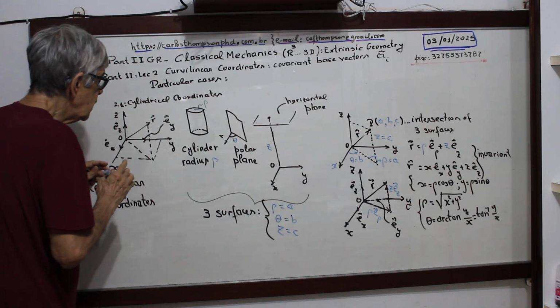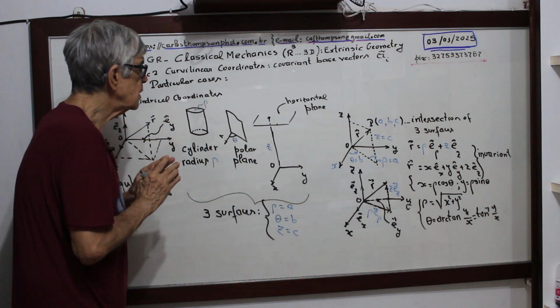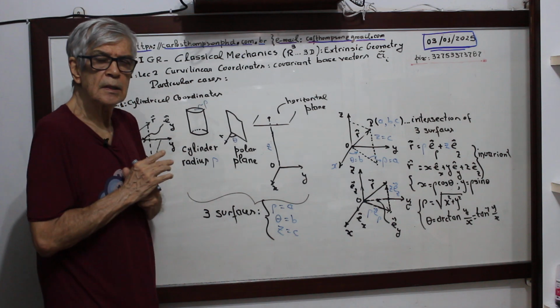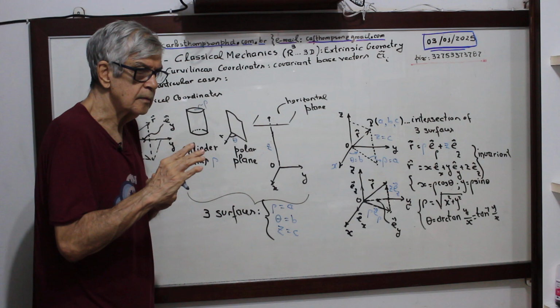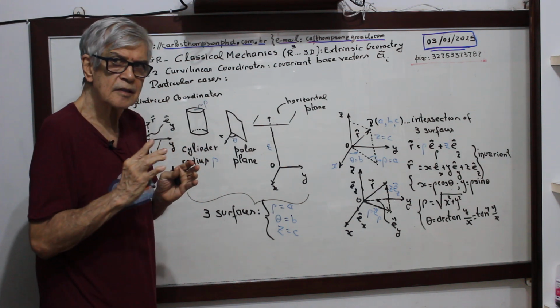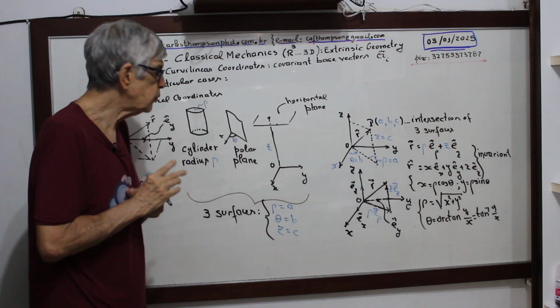And you see, again, a point, employing the cylindrical coordinates, can be obtained by the intersection of three surfaces.